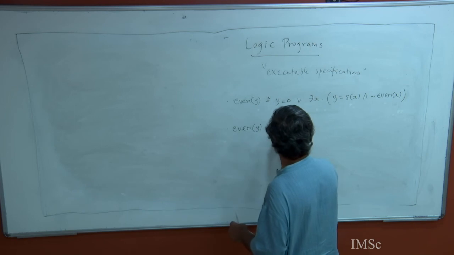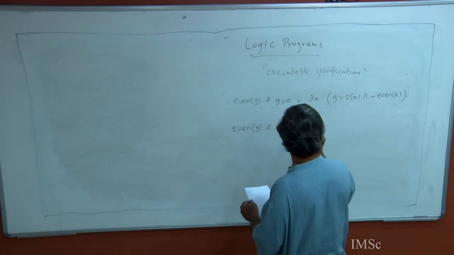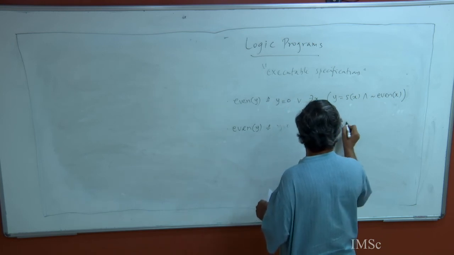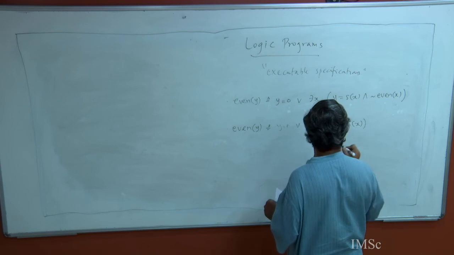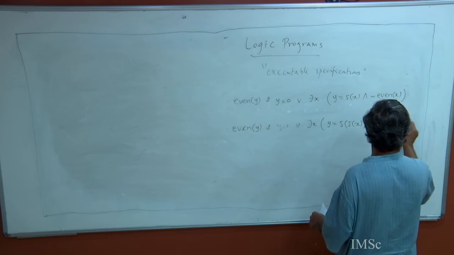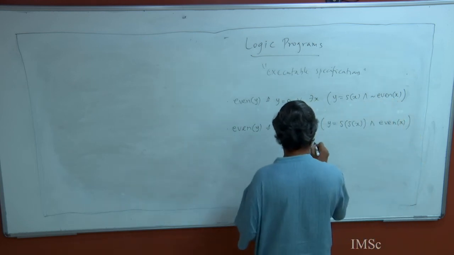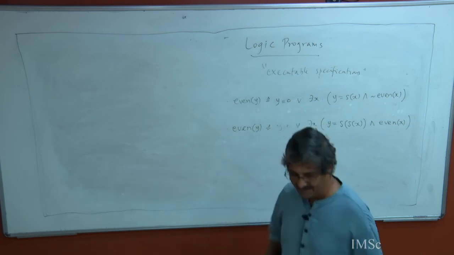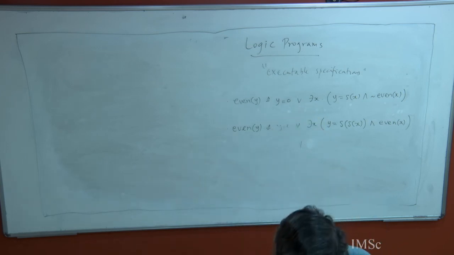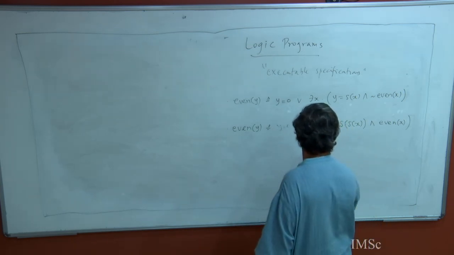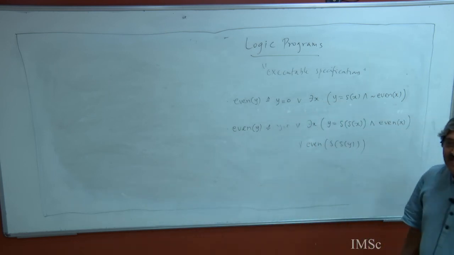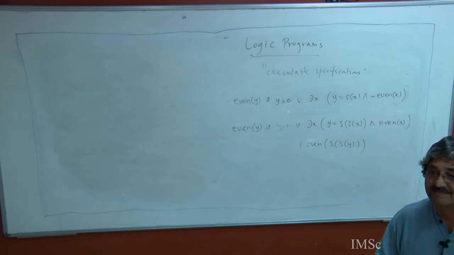Here, let me write one more. Y equal to 0 or there exists x such that y equals successor of x and even x, or in fact I will write successor of y is even.